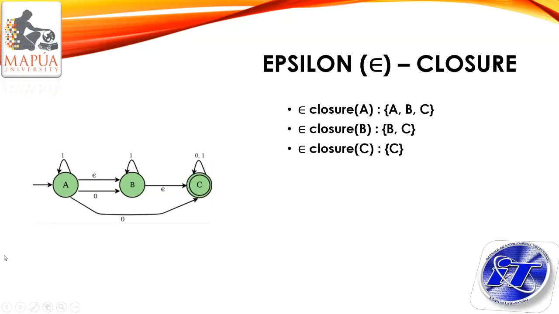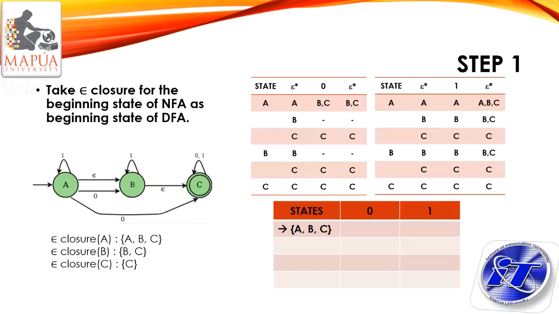We could reach B since we have an epsilon here, so B is part of the closure of A. And with another epsilon here, epsilon epsilon could reach C, so C is part of the closure of A. So the epsilon closure of A is ABC, while for B it is B and C. For C there's no epsilon after C, so it is just itself.